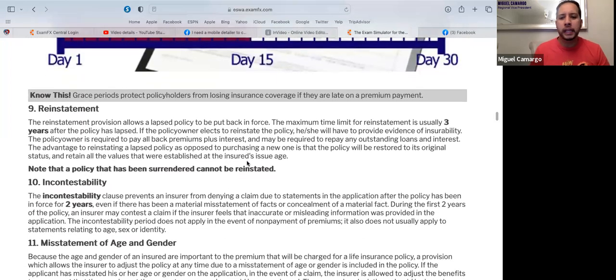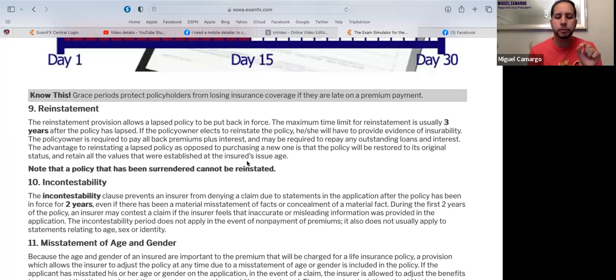Let's talk about reinstatement. Reinstatement is when a policy has lapsed, they missed the payment, and you want to get the policy back in force. It is, for the most part, always better to reinstate a policy versus writing a new one for the client, because you can go back to their original premium, since there could always be an age change if a policy lapses.